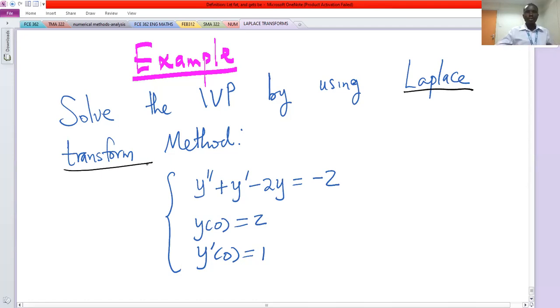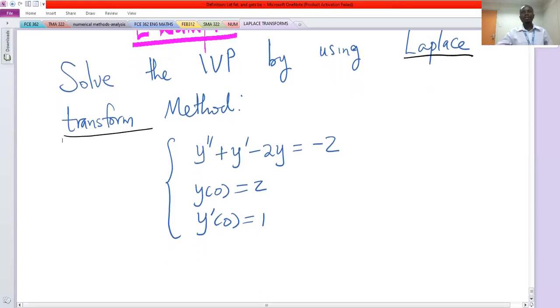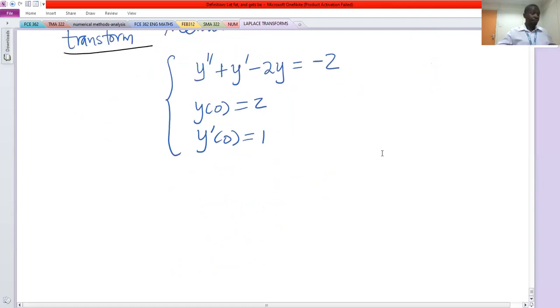So usually the first step is to apply the Laplace transform operator on both sides of the equation.